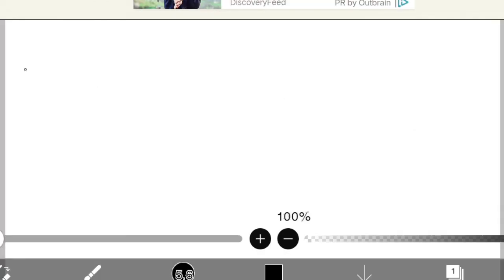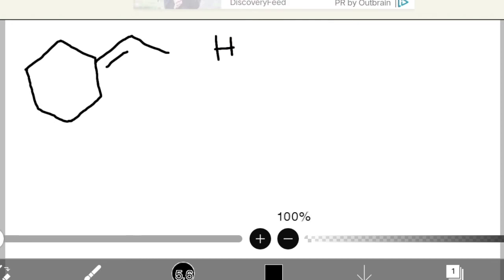For example, in the reaction between an unsymmetrical alkene and a hydrogen halide, we are using the anti-Markovnikov rule because there is peroxide here.